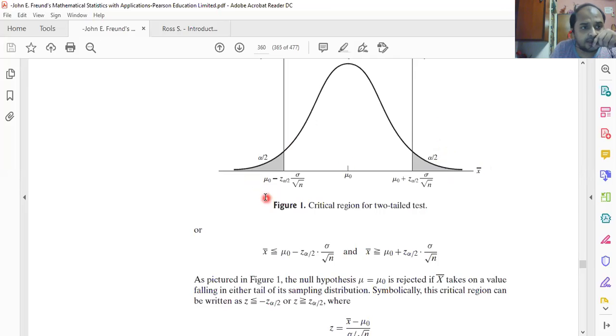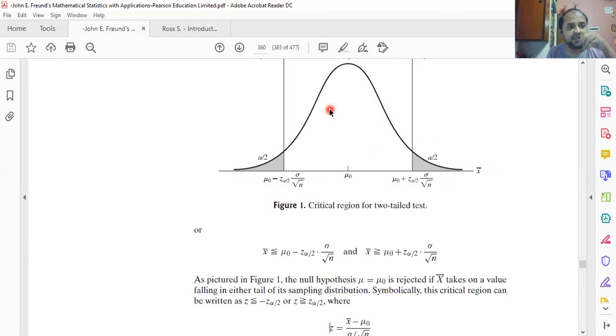So 0.025 plus 0.025 together will give you 0.05. Because the area of this part and area of this part are similar, we can add them together. So the total of this shaded region will give you the 5% chance of making the type 1 error while testing the hypothesis. And this is the 95% confidence limit, just opposite to the 5% error.